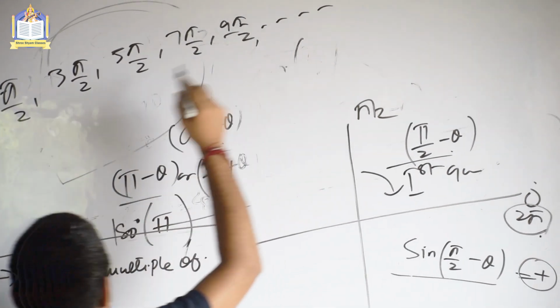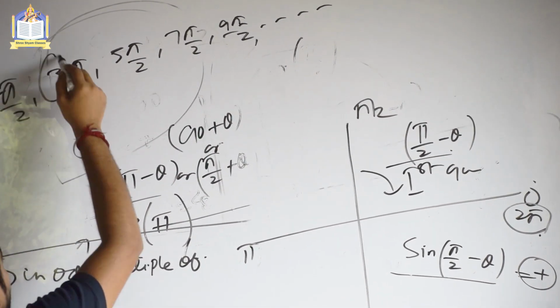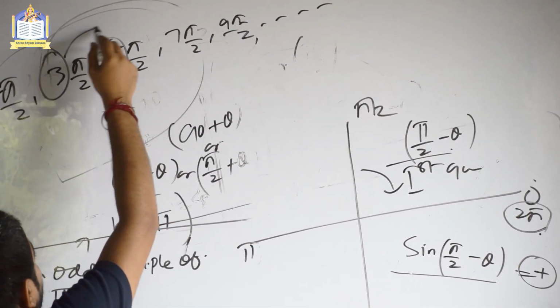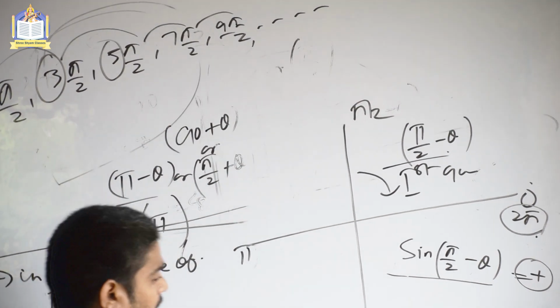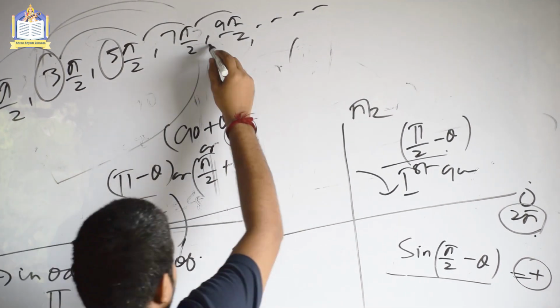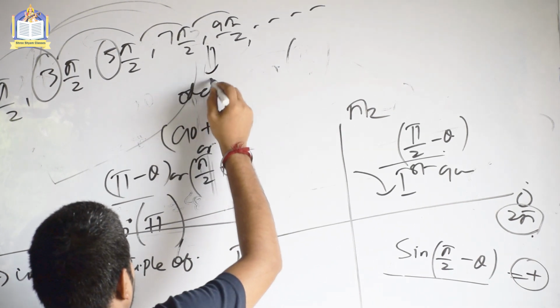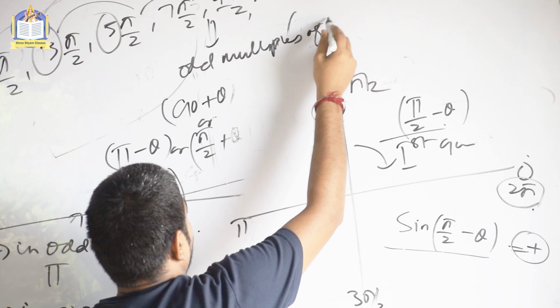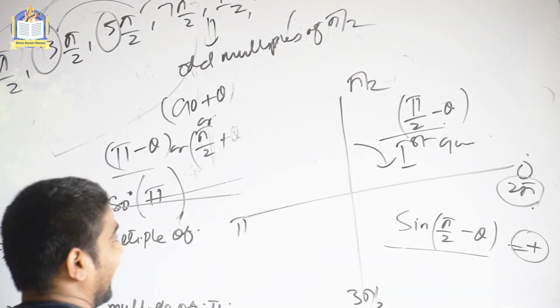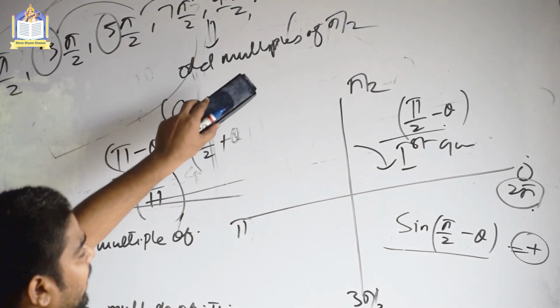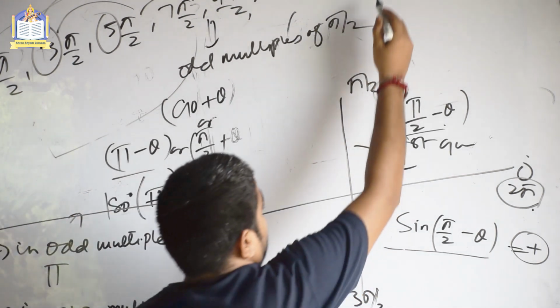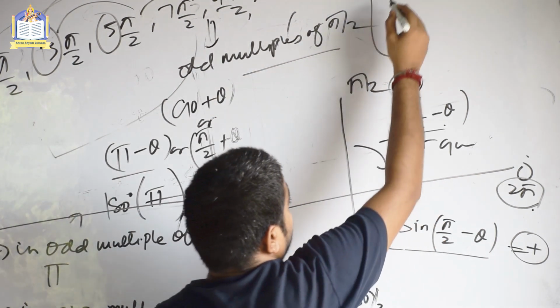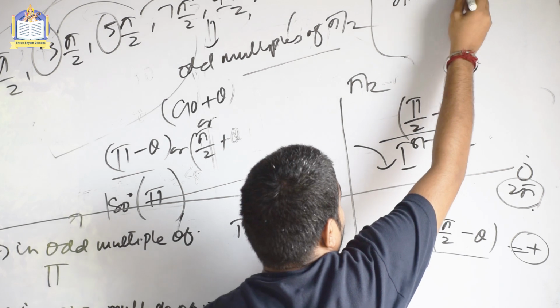You can see 1, 3, 5, 7, 9, and so on. So these are odd multiples of pi by 2. And in odd multiple of pi by 2, sin changes to cos. In odd multiple of pi by 2, sin theta changes to cos theta.